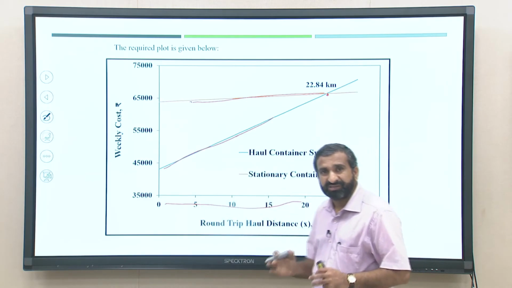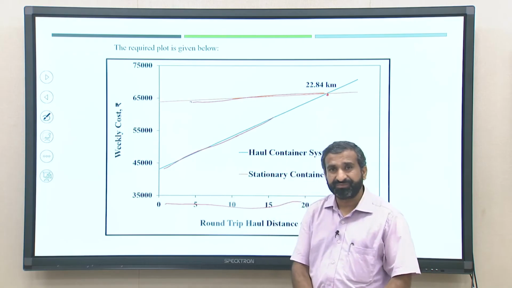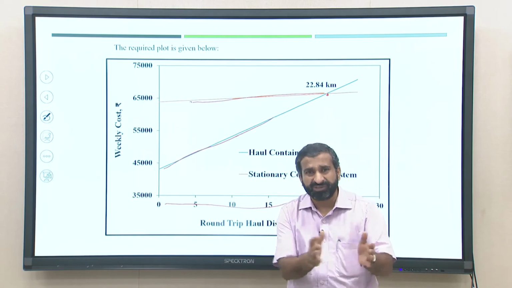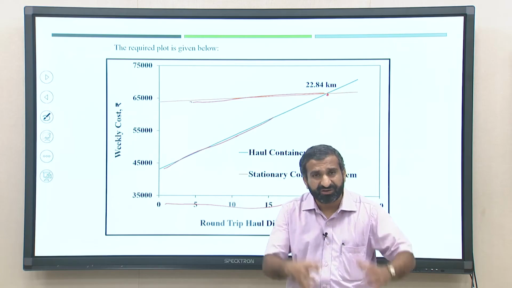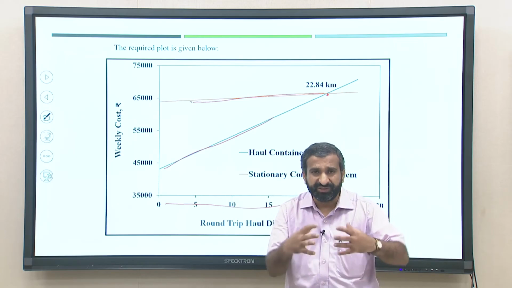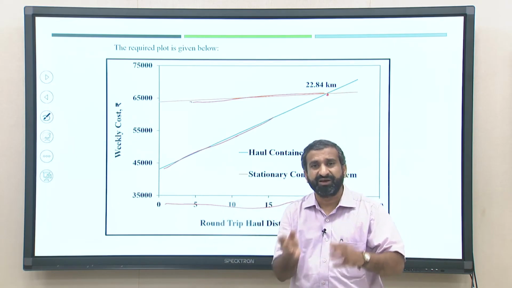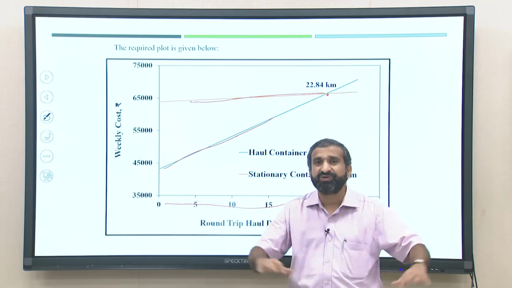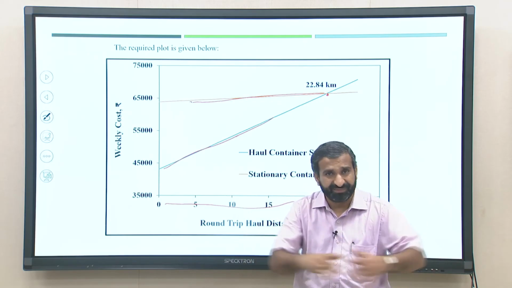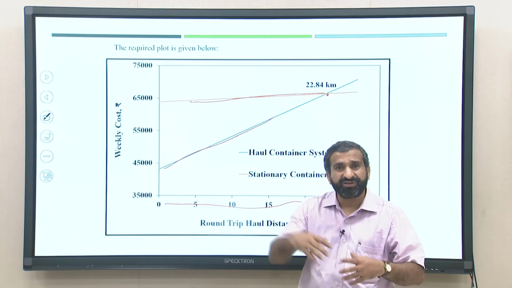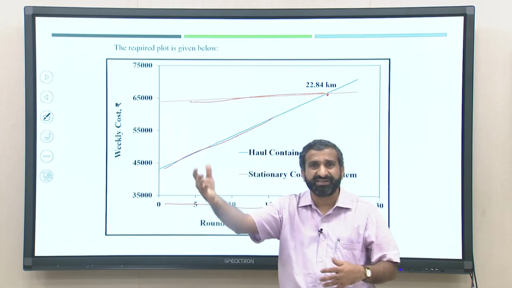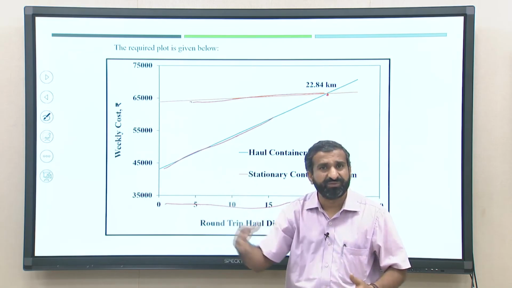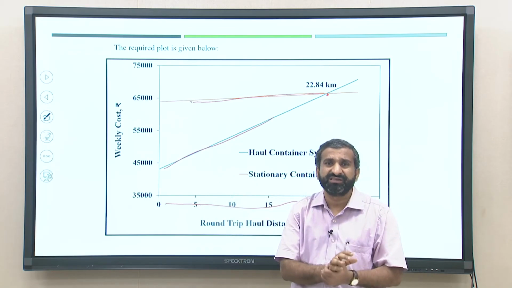That is why I always propose for the Indian cities, especially wherever possible, for the locations near to the recycling facility or near to the disposal facility, try to go for hall container system. For the far locations, 20, 25, 30, 40 kilometers, do not go for hall container system.